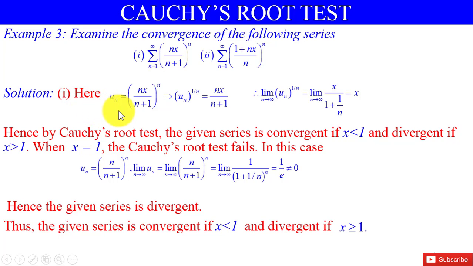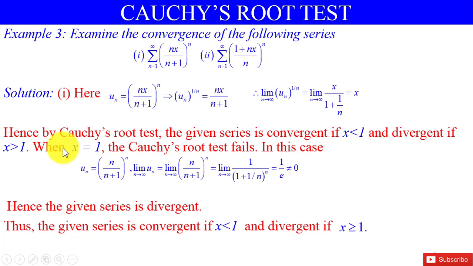In the first part, u_n = (nx/(n+1))^n, which implies that nth root of u_n = nx/(n+1). Therefore, limit n tends to infinity nth root of u_n = limit n tends to infinity x/(1 + 1/n) = x, because limit of 1/n is 0.